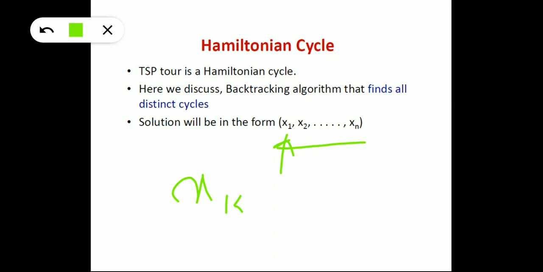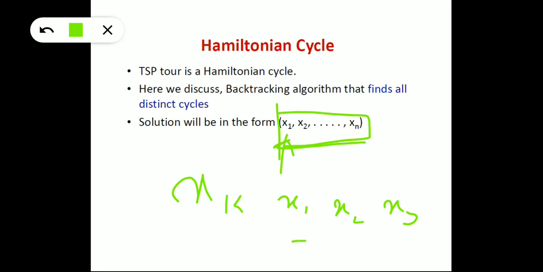So I mean to say that in this solution vector, all the vertices that we are going to visit are distinct, that is x1 is different from x2, x2 is different from x3.